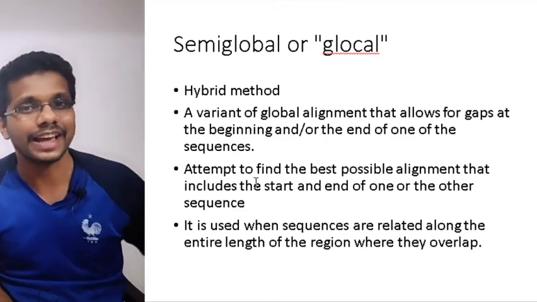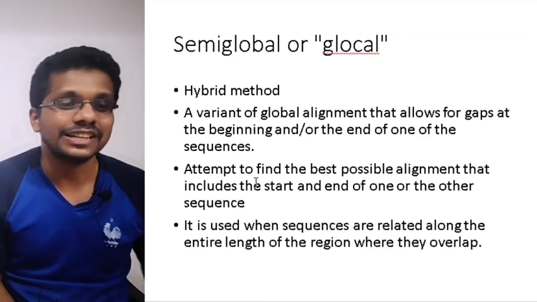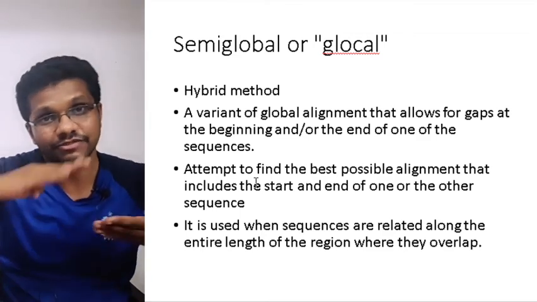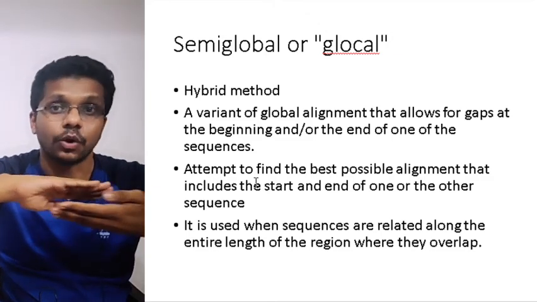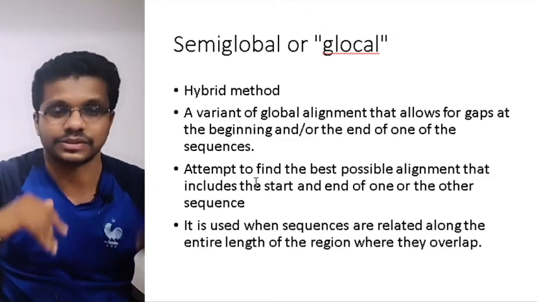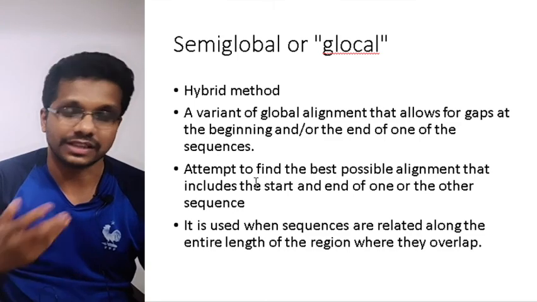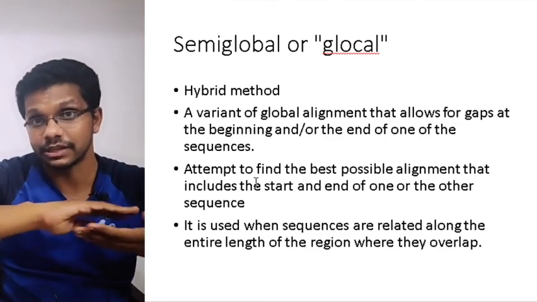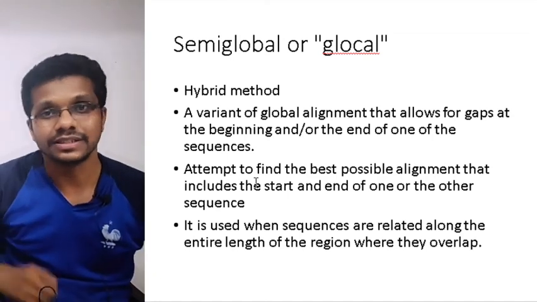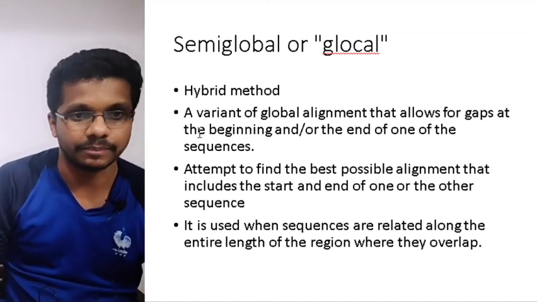We can put the gap at one end or at both ends. So it attempts to find the best fit between two sequences, especially ones with overlapping areas of similarity. So if we suspect that two of our sequences have an overlapping region of similarity, it's better to do the semi-global alignment.